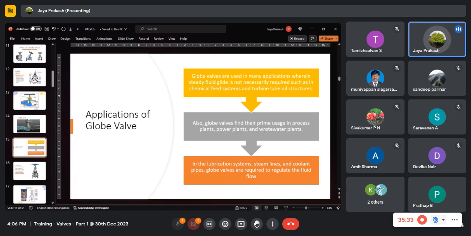Prime usage is in power plants and wastewater plants, and in lubrication systems, because they don't require steady flow, that's why they use globe valves.